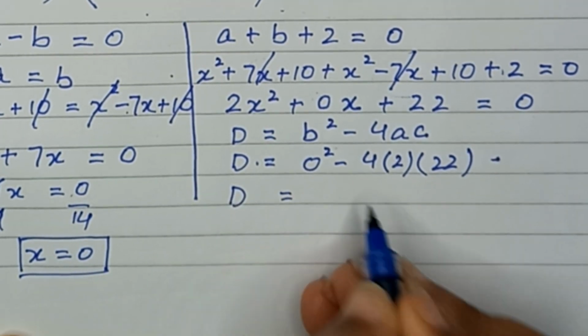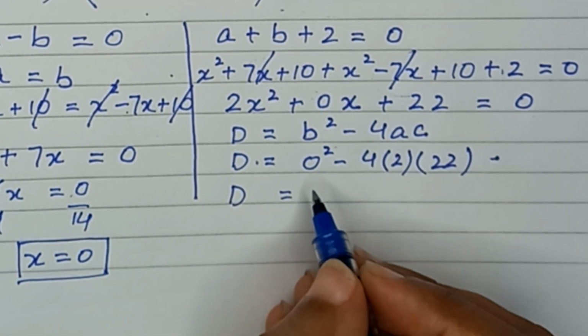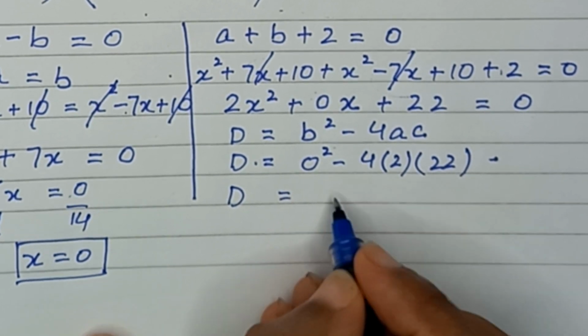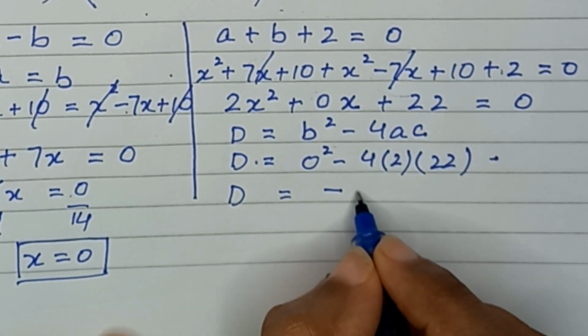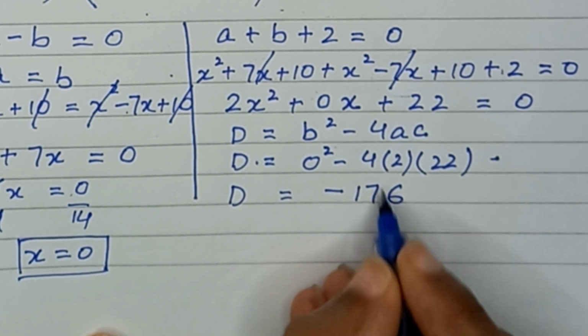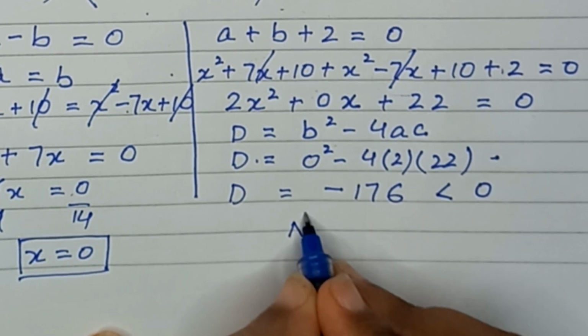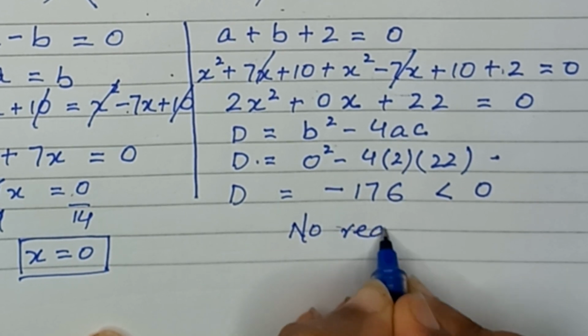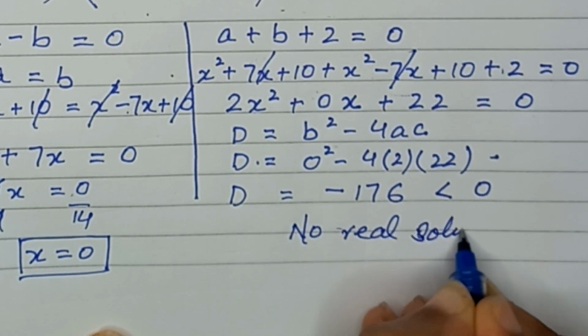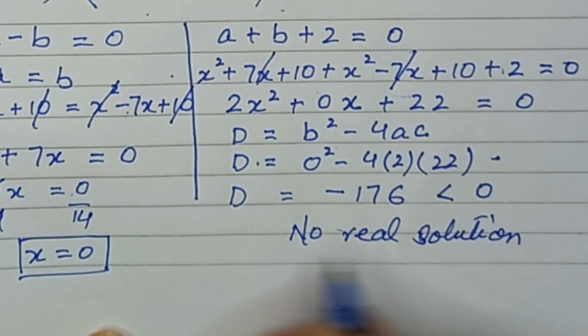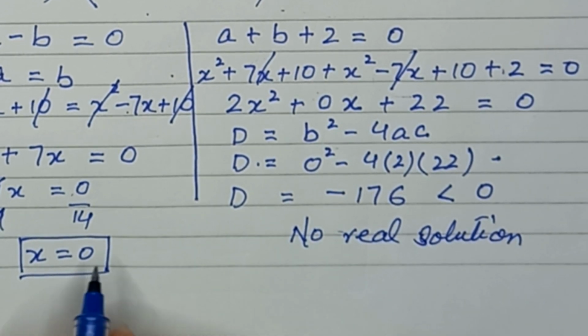So d is equal to 0 square, which is 0, minus 176. So it is a negative value, which is less than 0. It means it has no real solution. So the only solution is x equal to 0.